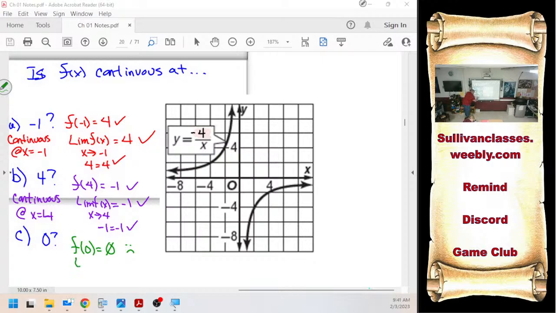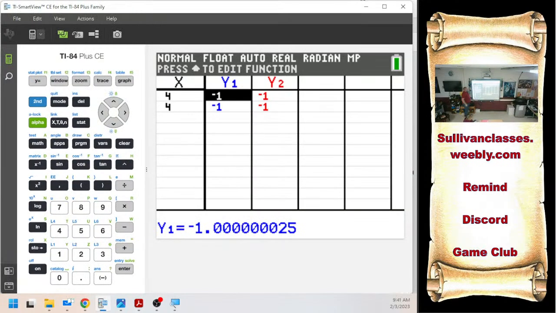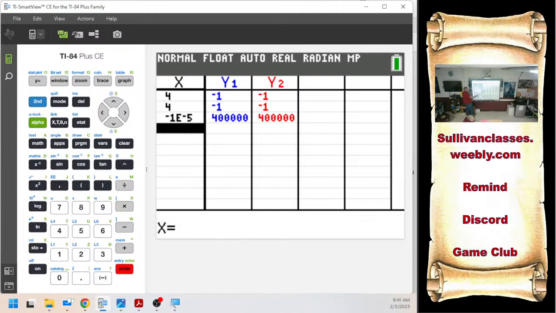Limit as x approaches 0. All right. So I'm going to get really, really close to 0. On one side, I'm going to go to -0.00001. On the other side, I'm going to do a positive 0.00001. Are those headed to the same place? One's going up to positive infinity, the other's going to negative infinity.